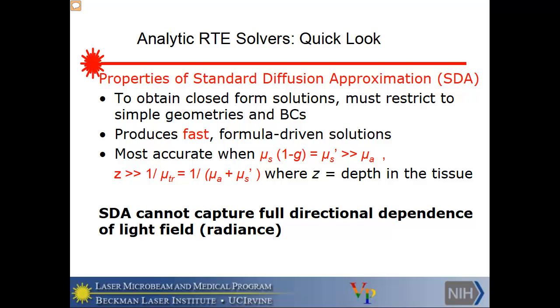SDA is a P1 approximation, so there is an isotropic component of the solution, and there's a linear in the cosine of the angle, and that's all. So you have the first 2 moments of the angular distribution, and that is the extent to which you have variation of direction possibilities with SDA.